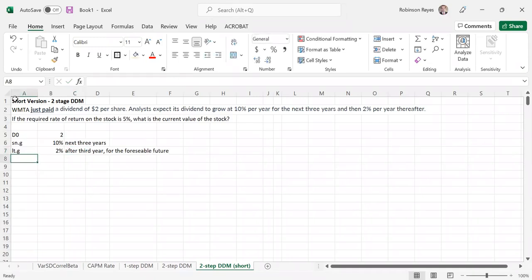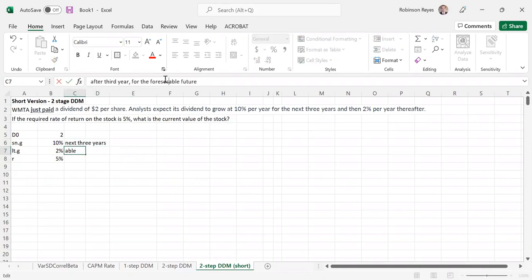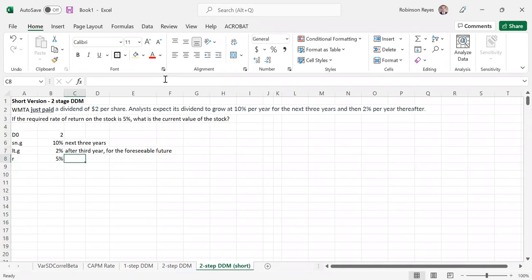And now, once we have this, we will also have a very important variable, which is the discount rate. And this discount rate is 5%. Okay, and so now we have all of the variables.